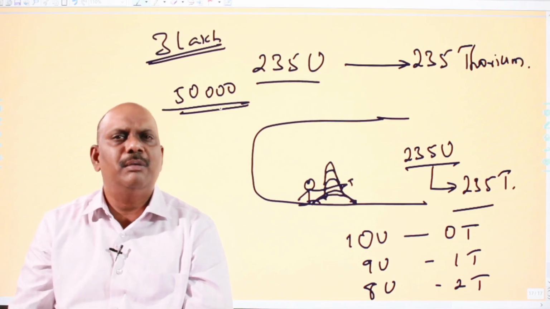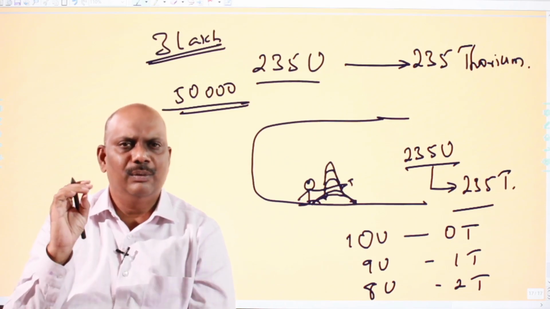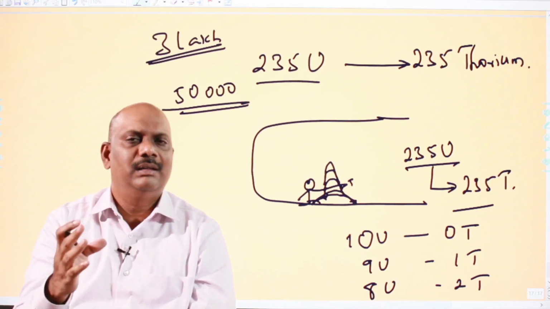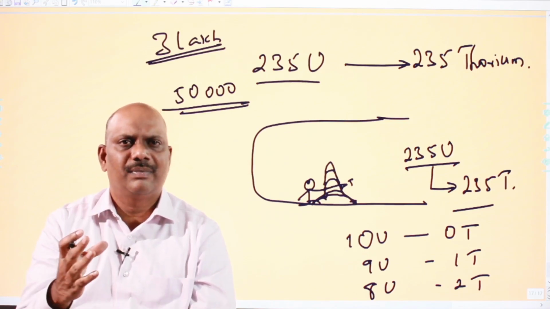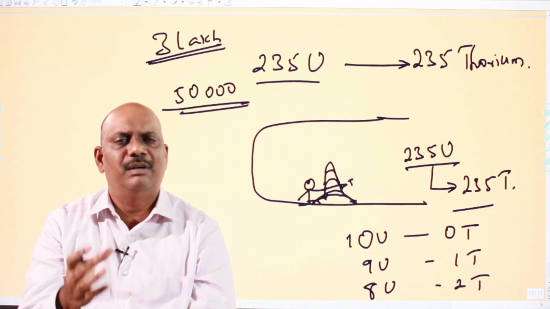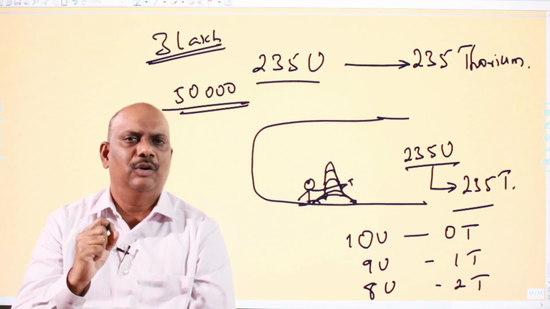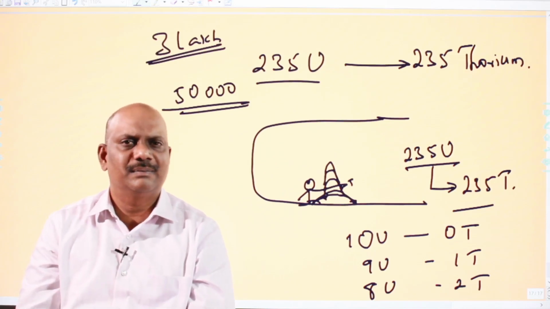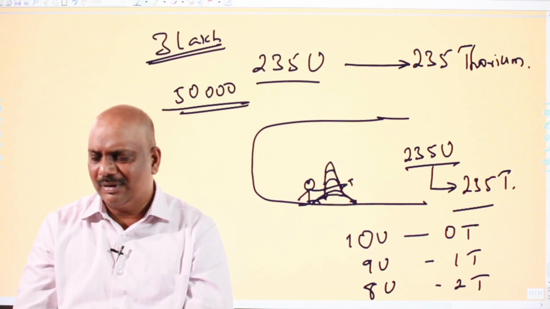So this uranium thorium dating technique was used to date the Neanderthal fossils discovered from the cave sites in Europe, from Germany, Hungary, France, etc. Got it? So we have one more technique, fission track dating.